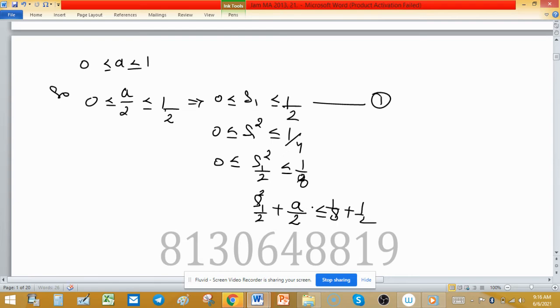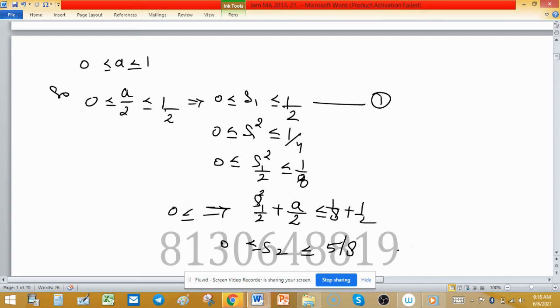We added half both sides. This implies this, and also this one is obviously greater than or equal to 0. So this one is saying that S2 is less than or equal to 5 upon 8, and this is greater than 0.